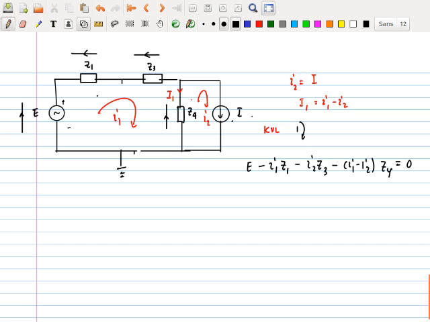Then you also realize this is what we want to locate, this voltage. V open circuit is equal to what? E minus small I1 into Z1. Now you can substitute your j's and the angles, and find the answer.